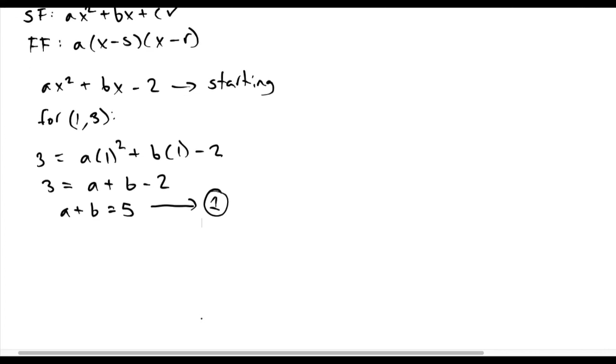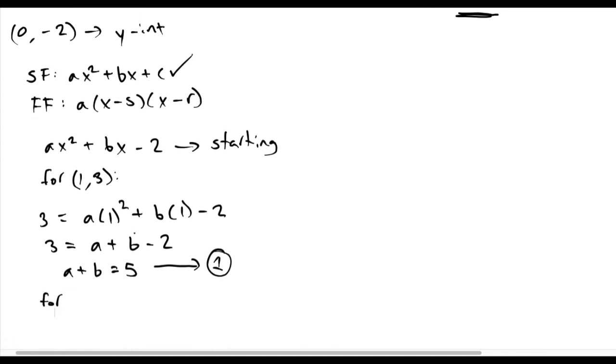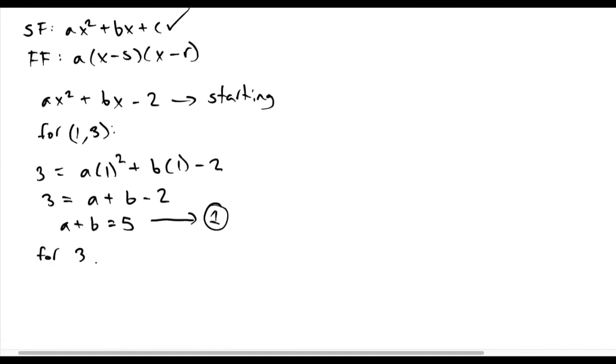Now the same way, let's work out a second equation, because we know to solve for two variables we need two different equations, a simultaneous equation. So let's do it again, but this time for our next coordinate, which is (3, 7). So for (3, 7), we will substitute 7 for y and 3 for x.